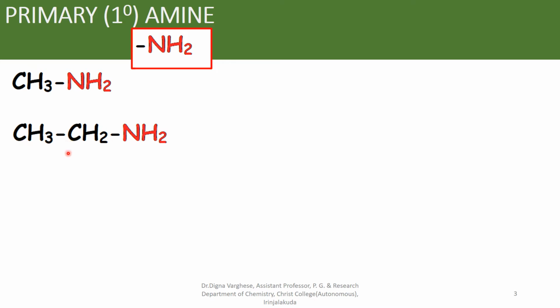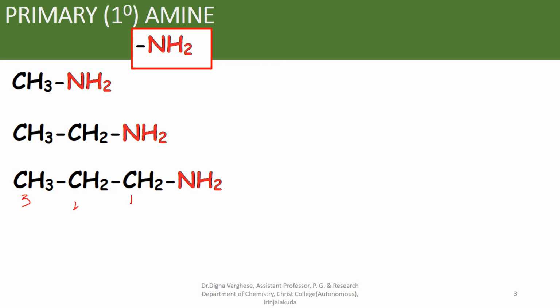So it is ethylamine. Its IUPAC name is ethanamine. And the third one is n-propylamine. Here there are three carbons, and the NH2 is on carbon 1. This is its common name. Its IUPAC name is propan-1-amine.